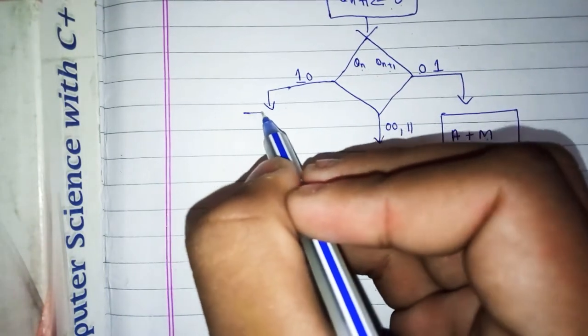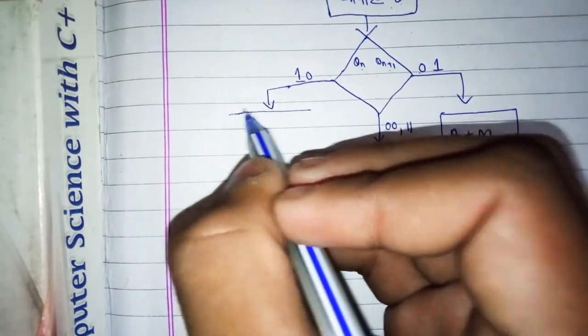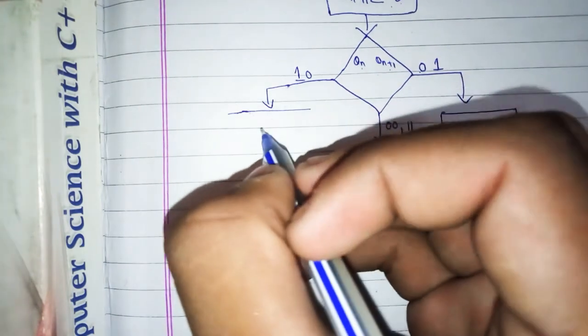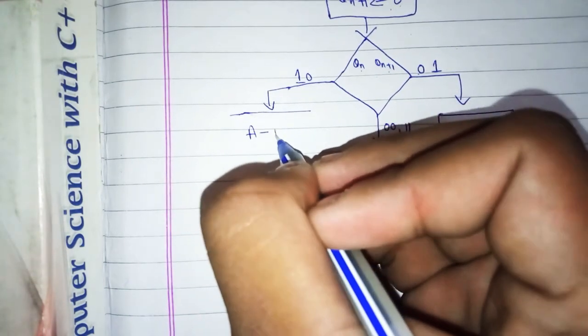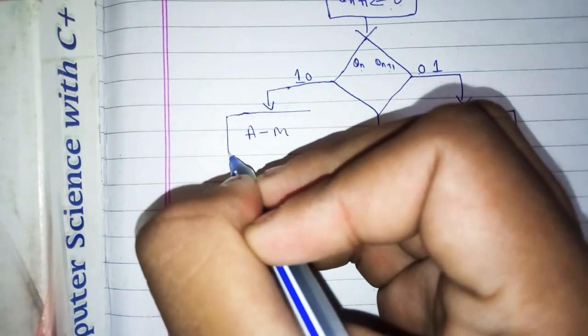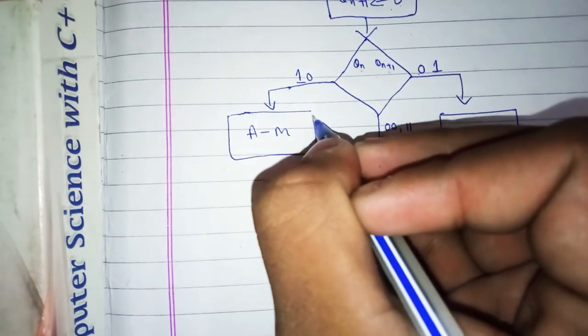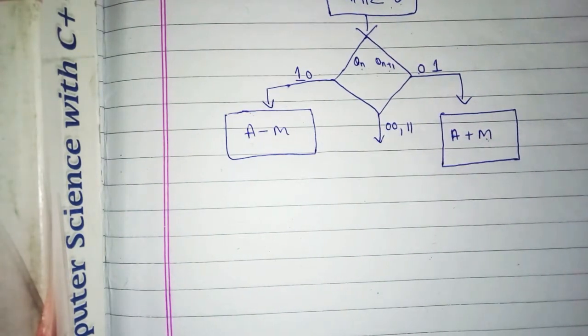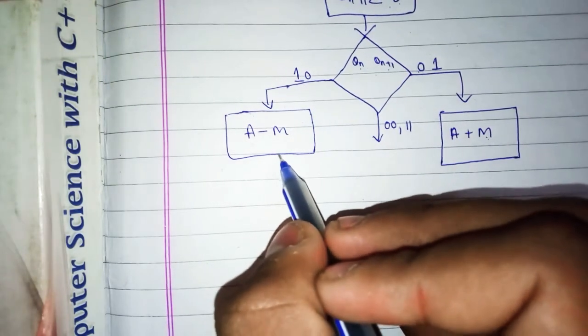But if the value of qn is 1 and the value of qn plus 1 is 0, what we have to do is a minus m. I will tell you how a minus m can be done, and after this we have to perform arithmetic right shift on the accumulator and the value q.